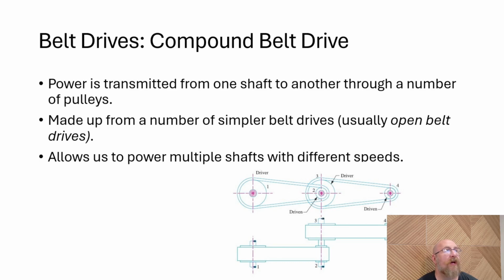And you can have compound drives where one belt leads to another and leads to another. This is how we can go from one shaft to a number of other ones.